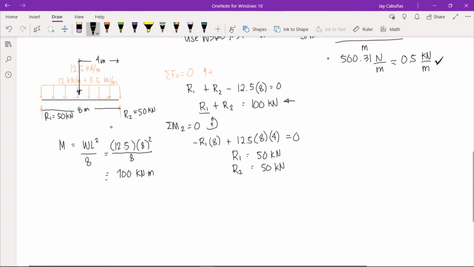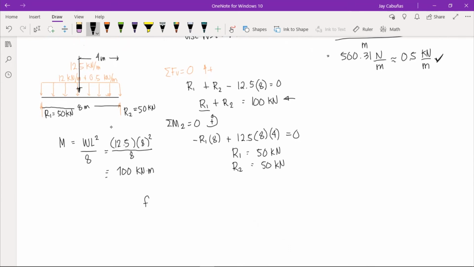Okay, now let's compute the actual bending stress, or the actual flexural stress, using the W shape that we adapted. Now we know F_b actual is equal to the actual moment over the section modulus of the shape that we choose.